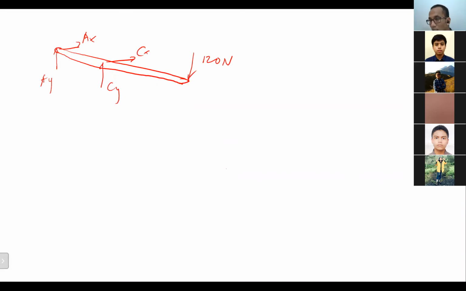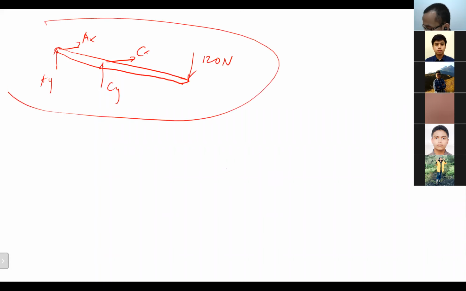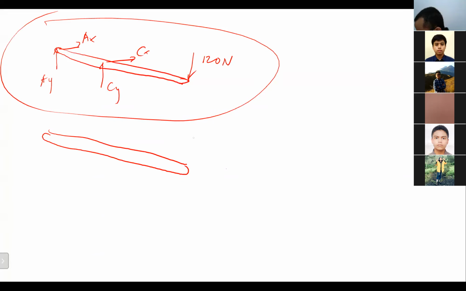Okay, Azar. So basically, if we draw it this way, the meaning behind that is actually, at this particular point, the one that we don't know is the magnitude of the force.